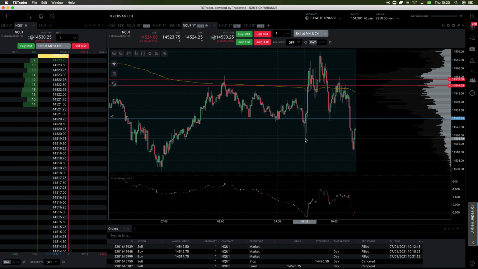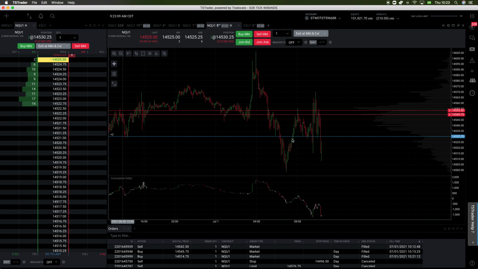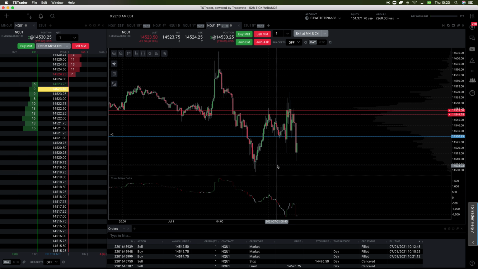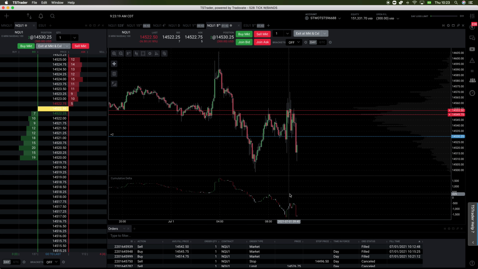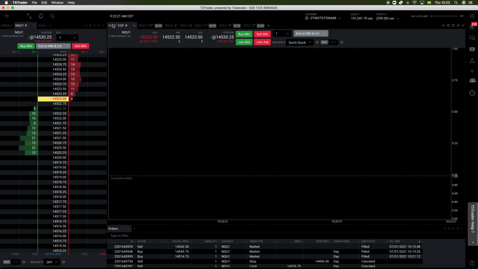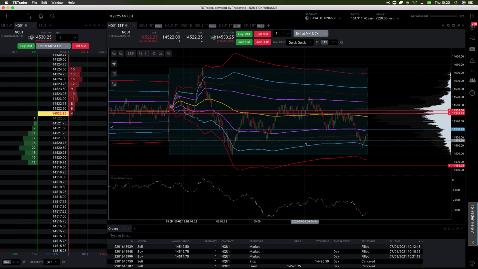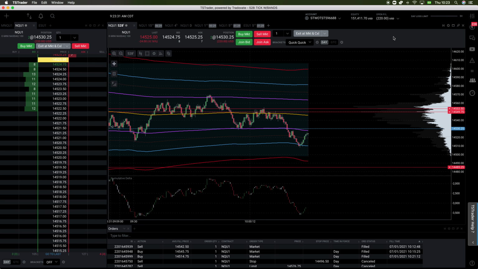But again, guys, we just gotta wait and see here. We swept the lows, but delta maintained. Hopefully we get some buyers. We got about a minute 30 until this candle closes. And again, just gotta wait and see.